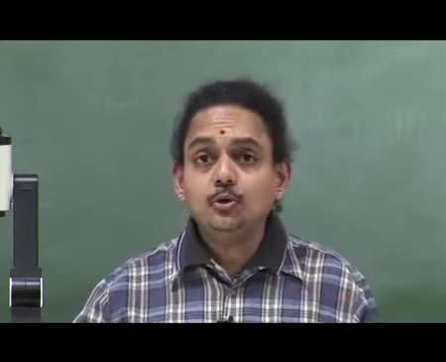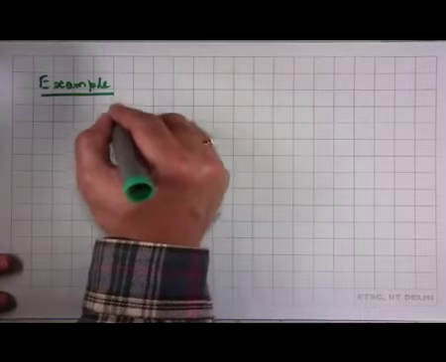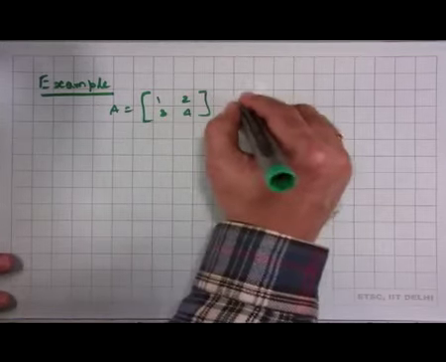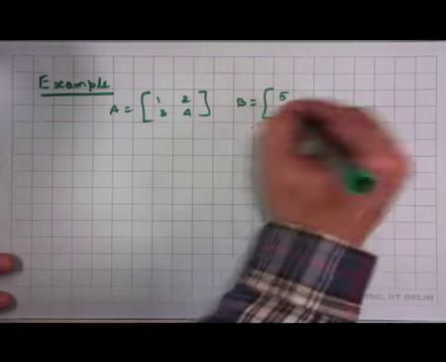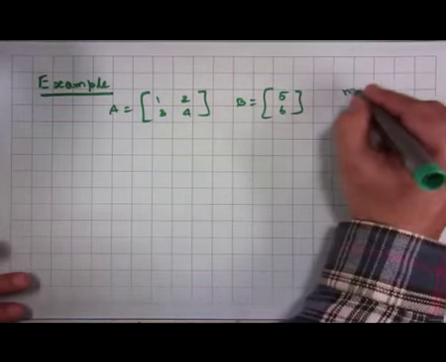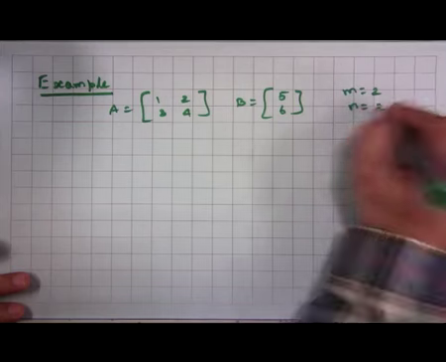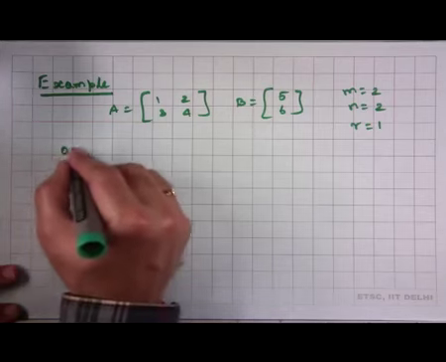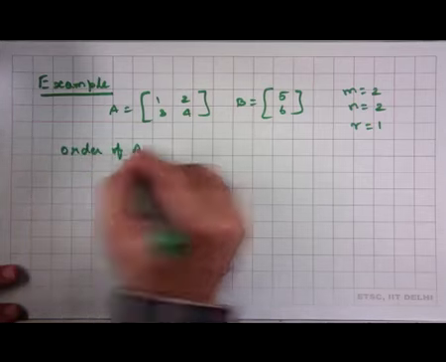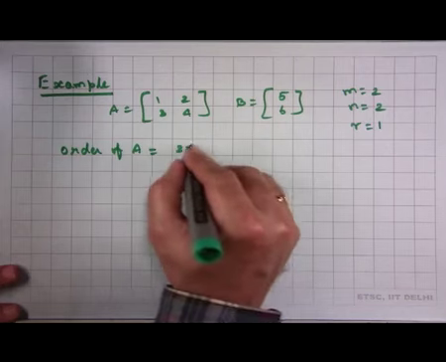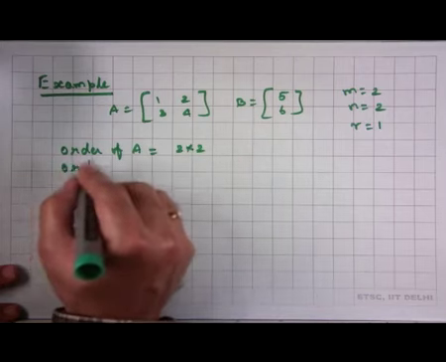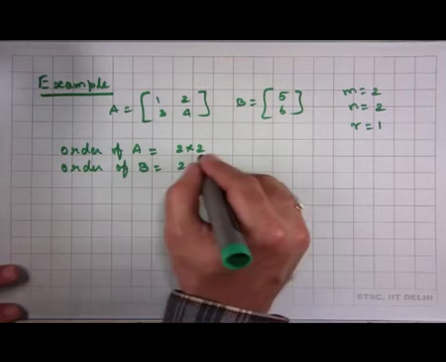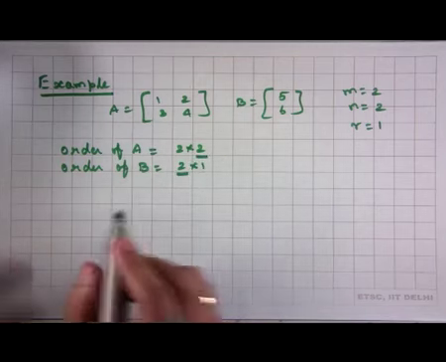Well, so now let us try to do one example. I have A as 1 2 3 4, B as 5 6, here m is 2, n is 2 and r is 1, and order of A is 2 by 2, order of B is 2 by 1, these two match, and therefore, A and B can be multiplied.